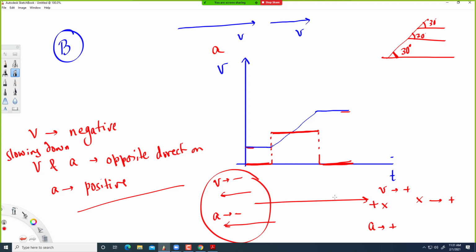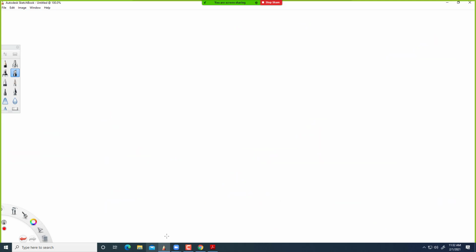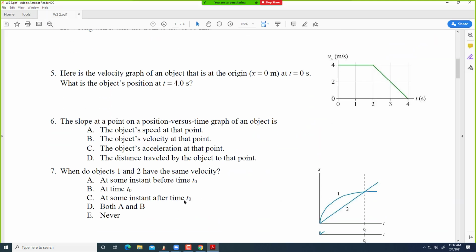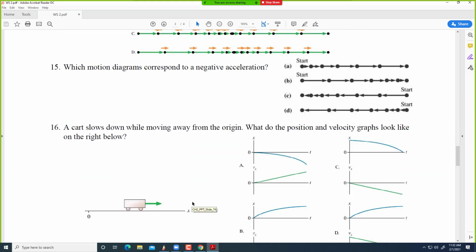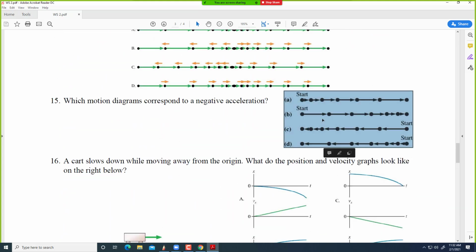If the arrow is getting shorter, it's slowing down. If the arrow is getting longer, it's speeding up. So what's your answer?